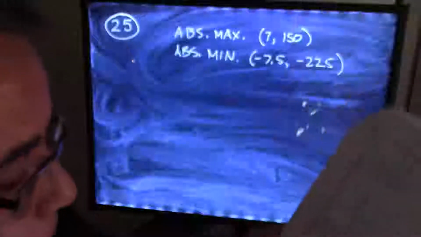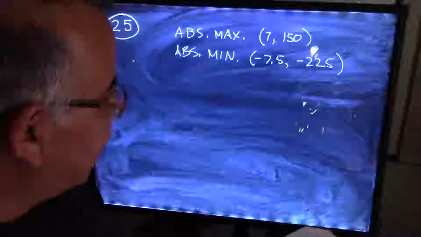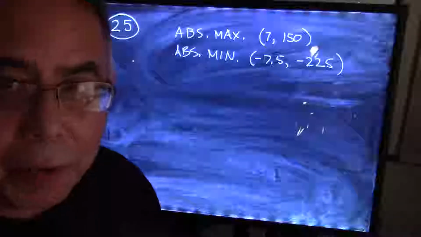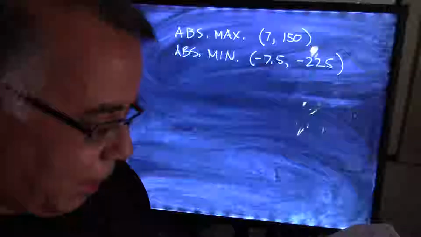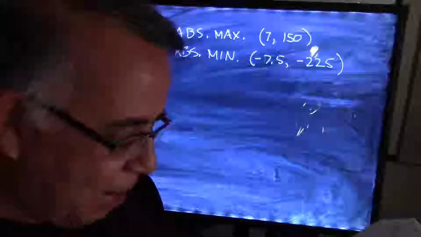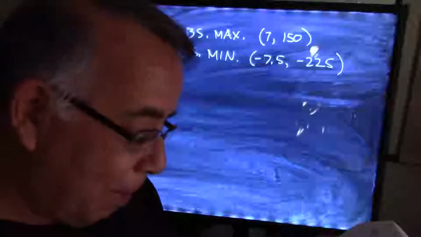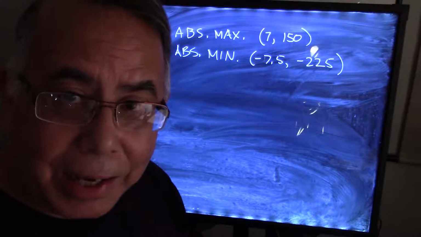I know you could zoom in, but if I were grading this on a test and you put negative 225 as the y value there, I would not take off any points. That's just me. Your teacher might. If they insist on negative 220, well, what can I say? That's your teacher.